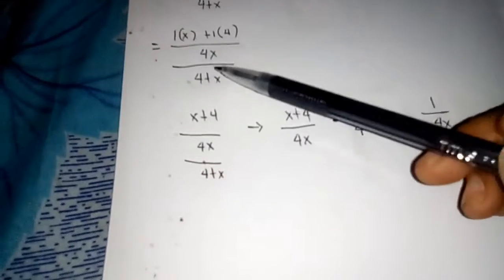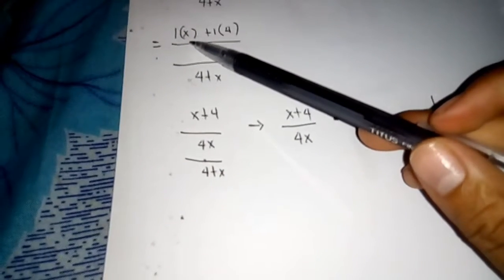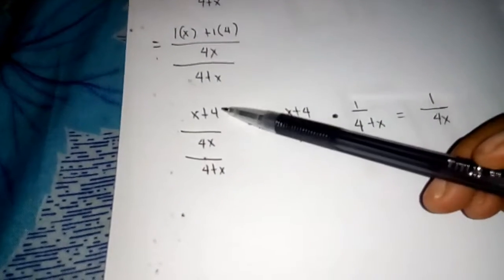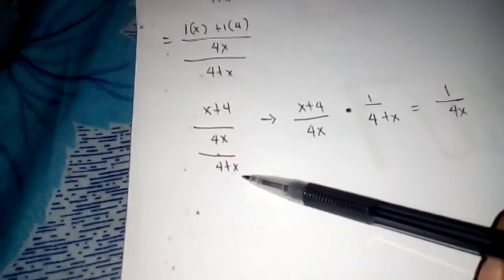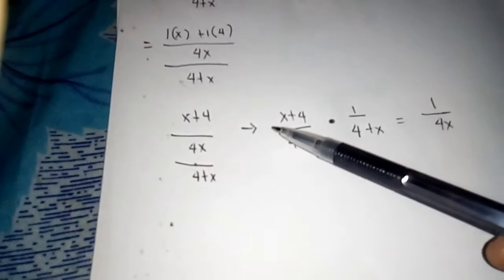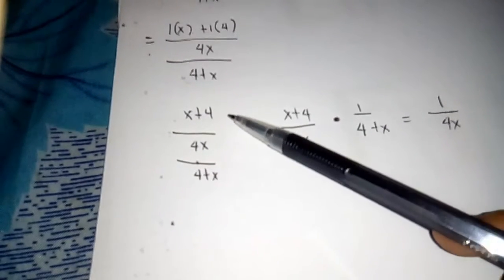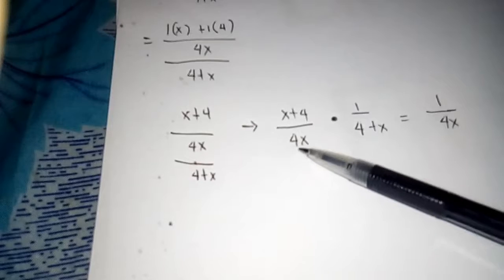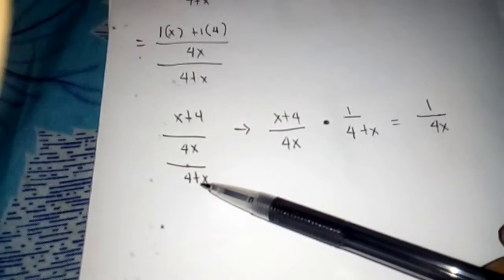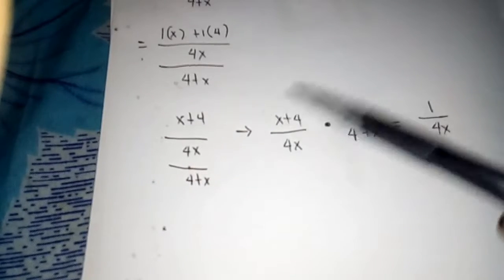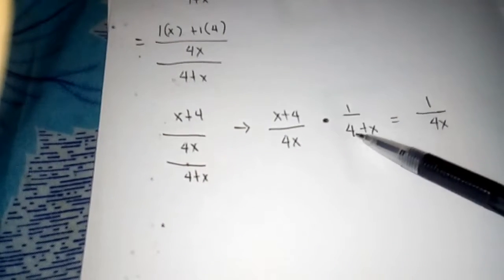So the answer of this is x plus 4 over 4x, over 4 plus x. So in getting the answer of this, you have to take the reciprocal of 4 plus x, which is 1 over 4 plus x.